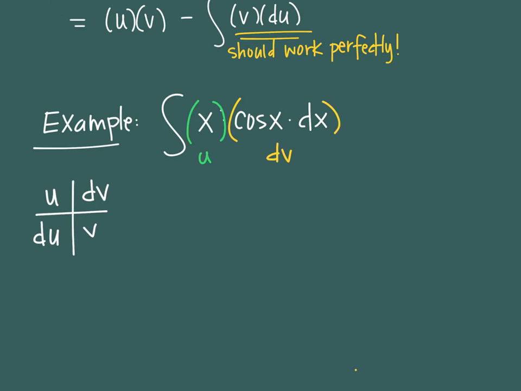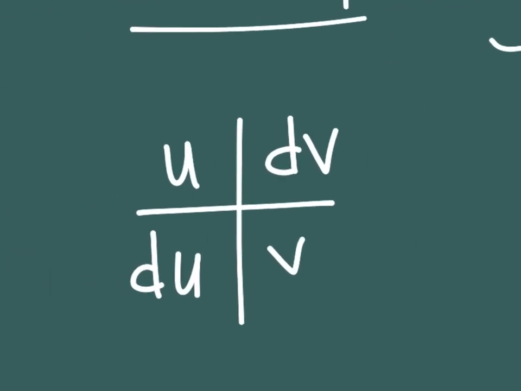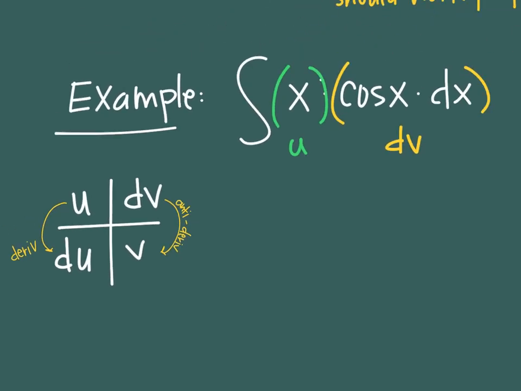So in one case, we'll be doing the derivative to find du, and in the other case, we'll be doing the antiderivative, right? So when we go this way, that'll be doing derivative. When we go this way, that will be doing antiderivative. It's just a nice way of organizing it. I'll show you, it'll become a little clearer to you.